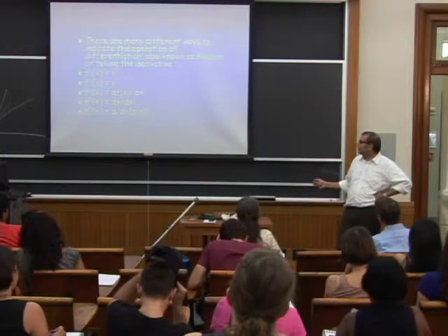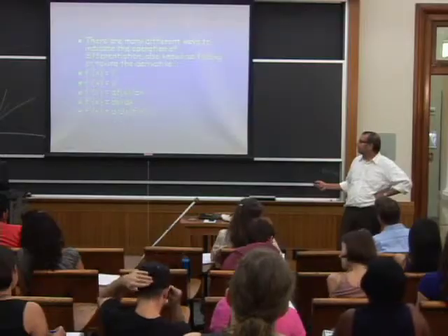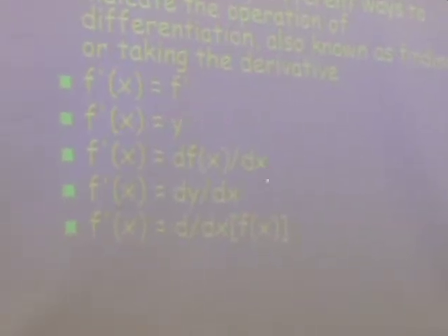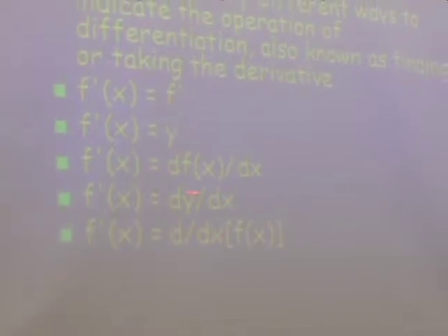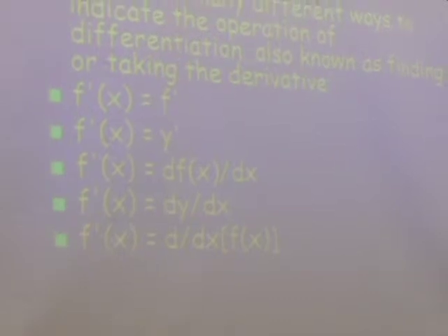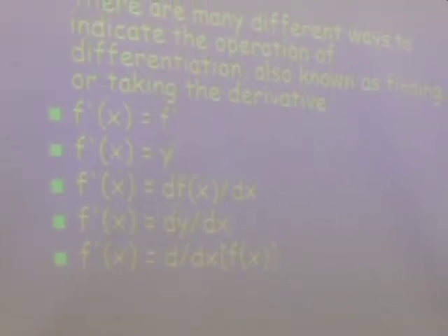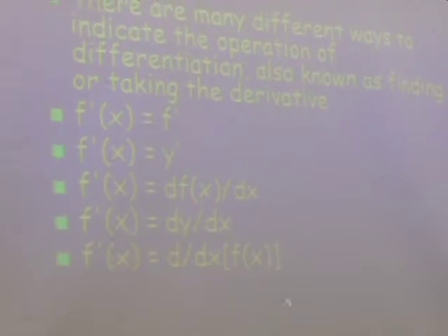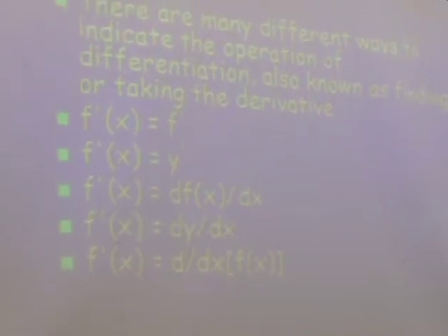So, f prime is the one that you most see with economists. Dy dx is more what you see with pure mathematicians. And these other ones you don't see that often, but you see a little bit.